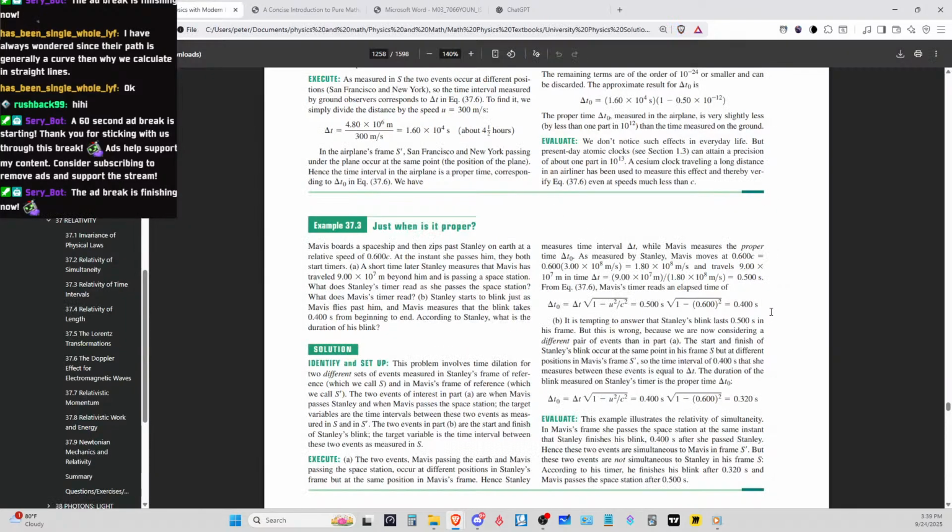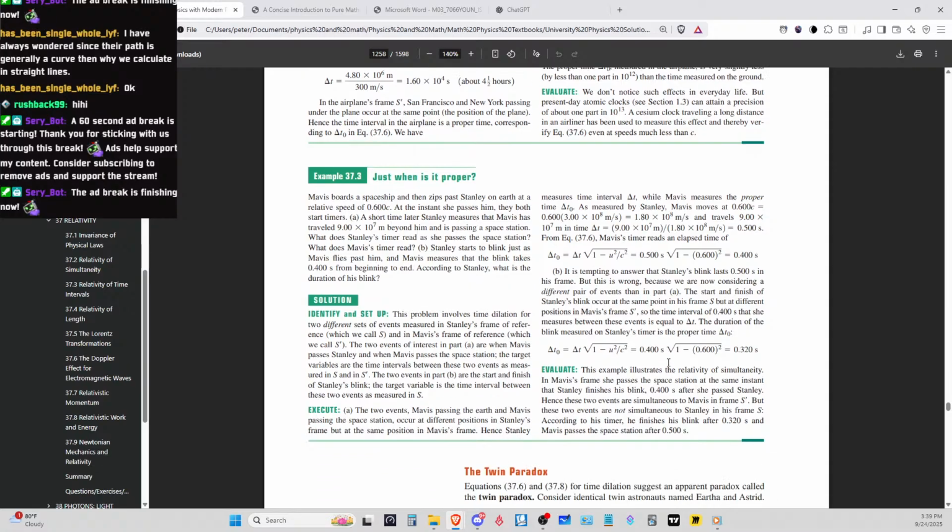Okay, so to keep in mind, depending upon who's measuring what, we have to make sure that these two, delta t and delta t naught, are assigned properly. I think we have to make sure that this one's meant for the one that's observing and this one for the one that's being observed.